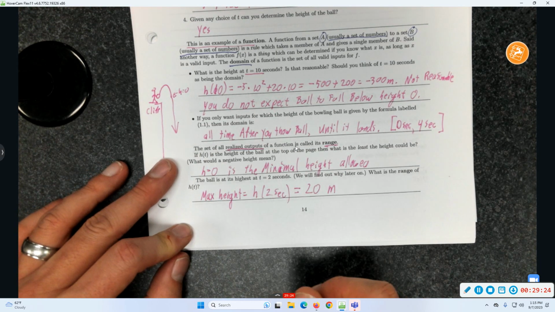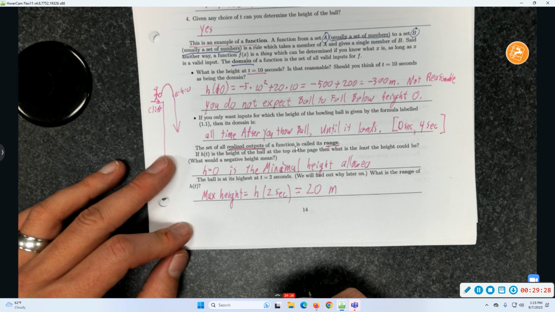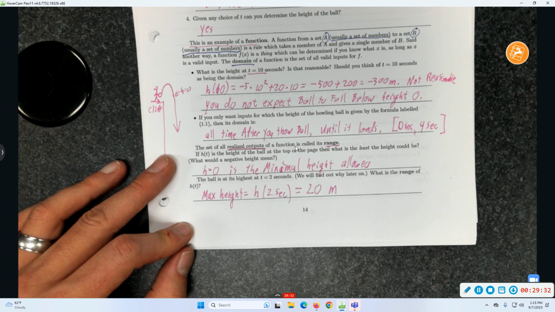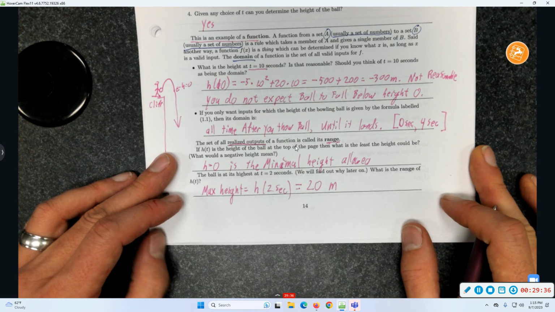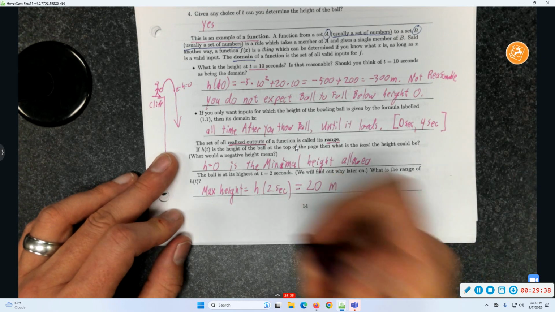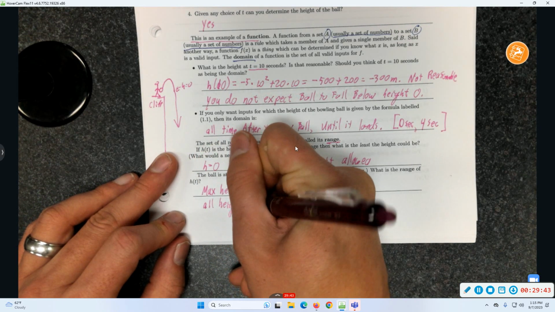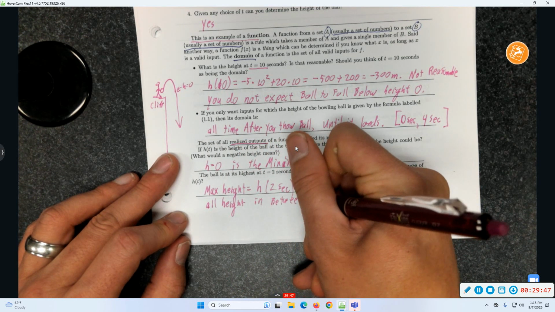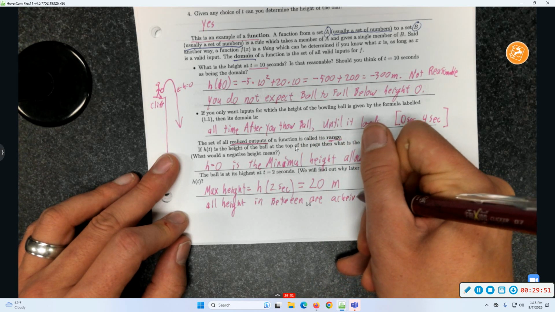And here's another fact that maybe I'll just give you. You don't expect the ball to teleport at any point. If it starts at 0 meters and eventually hits 20 meters, it has to achieve every height between, right? At some point the ball has to be at 10 meters above the ground, 15 meters, 5 meters, 3.2 meters. All heights in between are achieved.